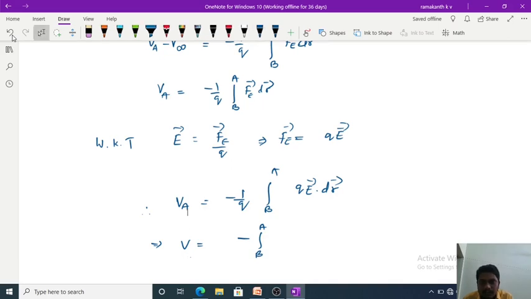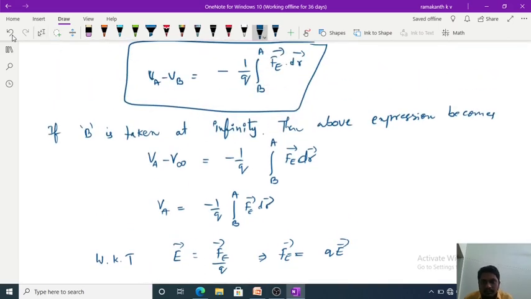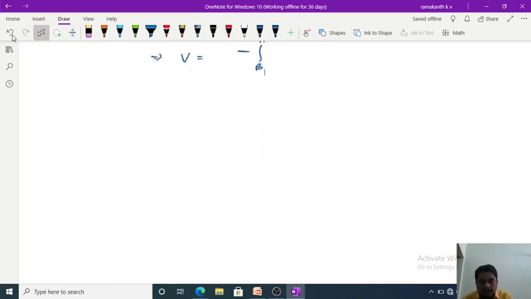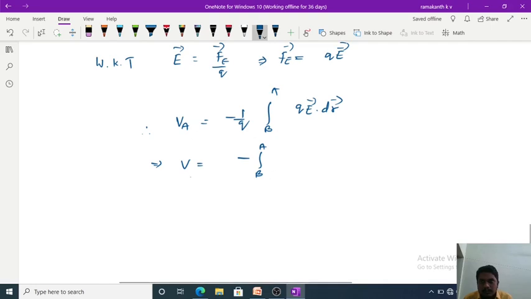Here I forgot to write that B is taken at infinity, so infinity at the lower limit, to A. So Q got cancelled, giving minus E bar dot dr bar.